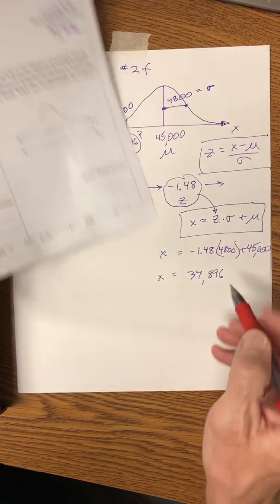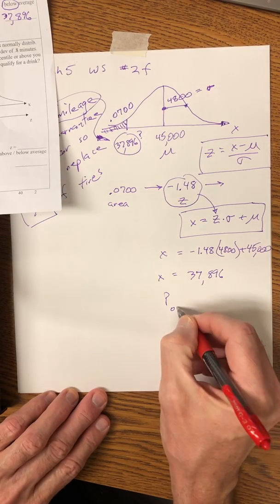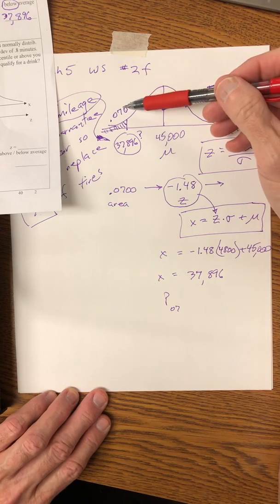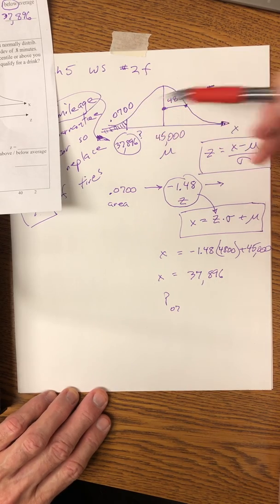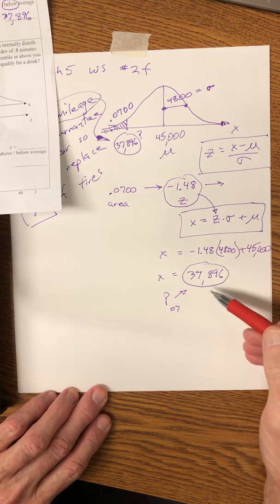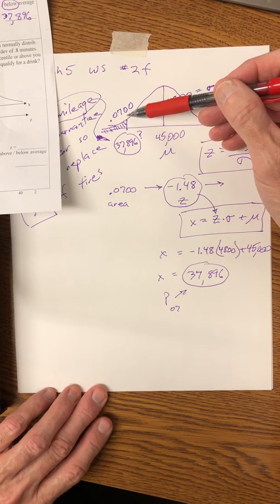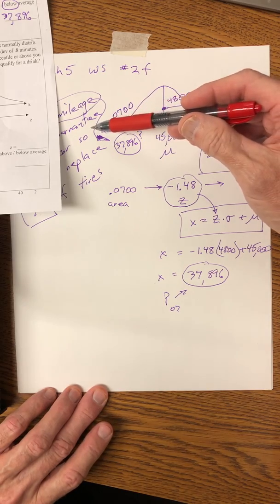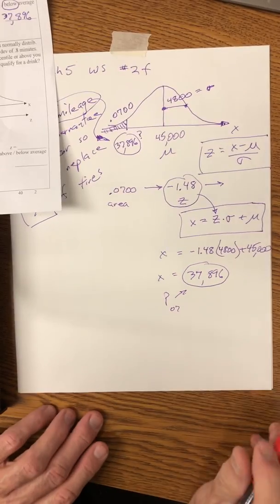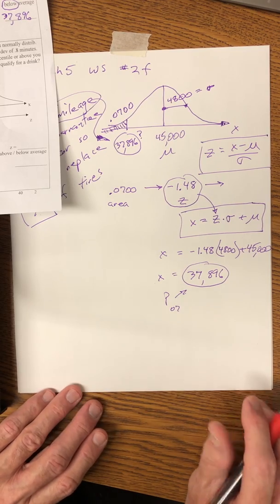And by the way, that will be the 7th percentile, right? P7. Because that score, 37,896, we would call the 7th percentile because only 7% of tires will last less than that, will be to the left of that. So that's problem number 2 on Chapter 5, Worksheet 2F.